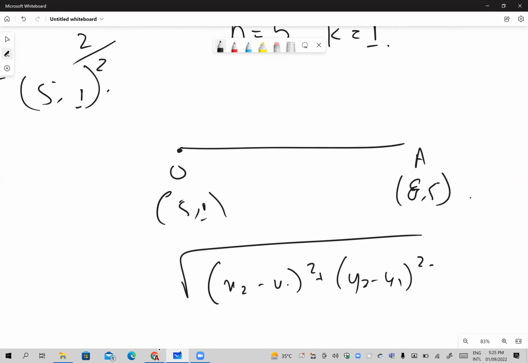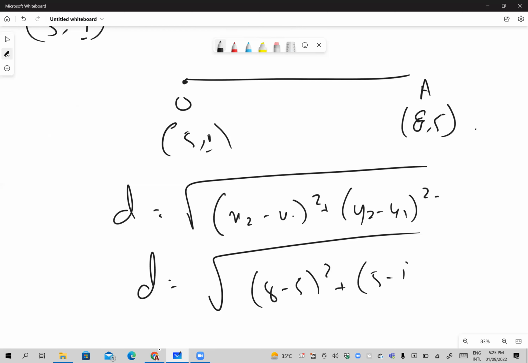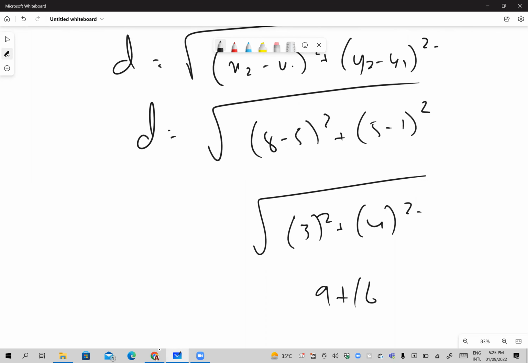So (8 minus 5) whole square plus (5 minus 1) whole square. 8 minus 5 is 3 squared plus 5 minus 1 is 4 squared. 9 plus 16, under root 25 is equal to 5.